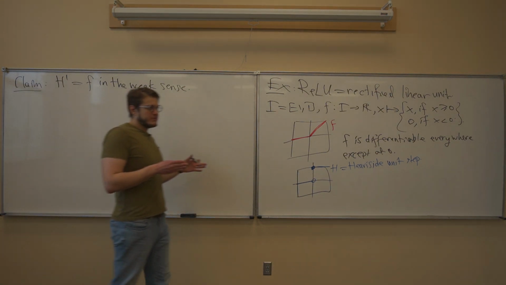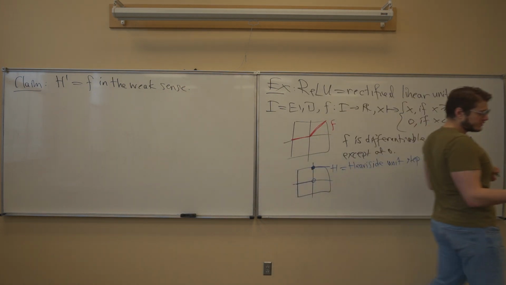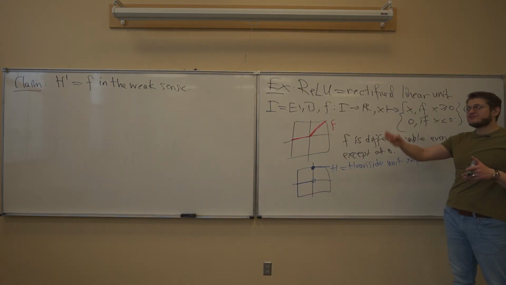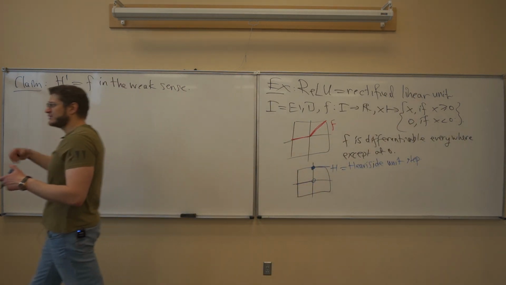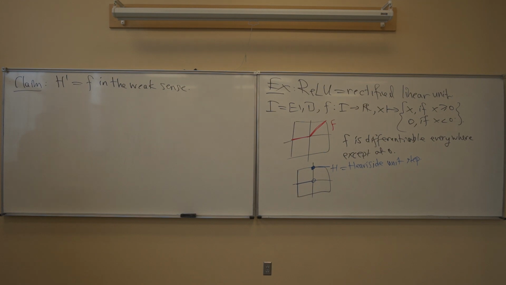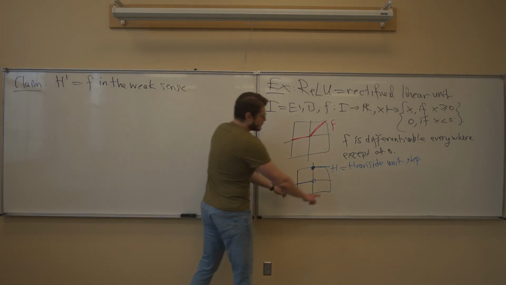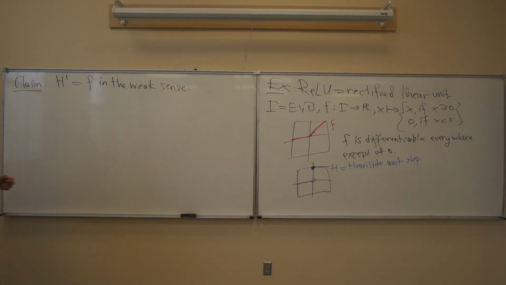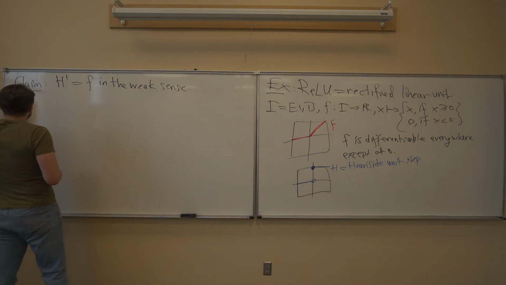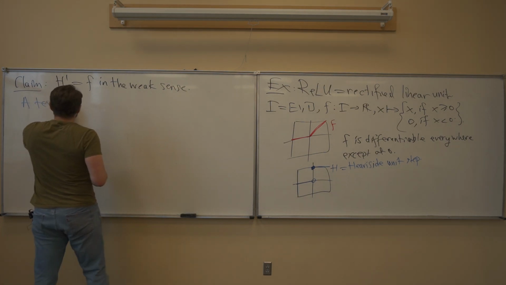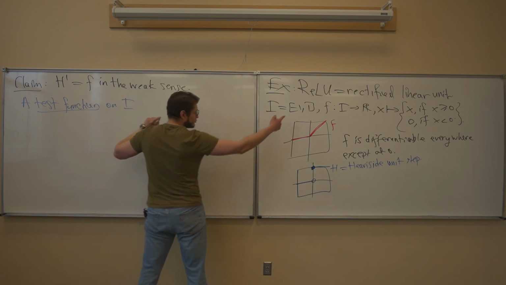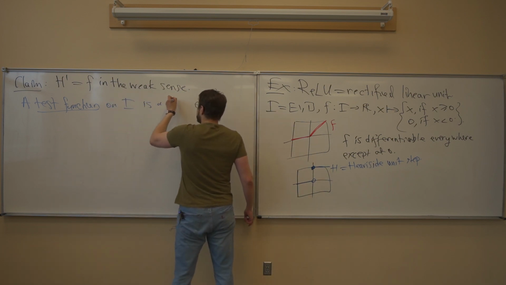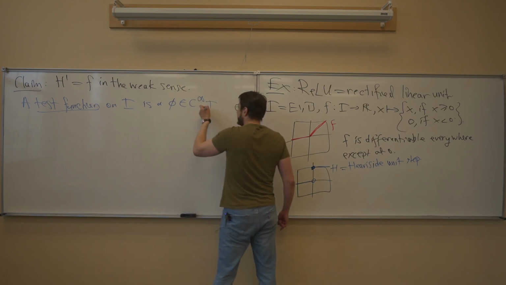I want my test functions to be infinitely differentiable to begin with, because otherwise I wouldn't be able to transfer the derivative, a legit derivative of h, to this other function, because I would like to be able to differentiate it multiple times. And furthermore, I want my test function to have 0 at the boundary. So that's a definition. A test function on I, this interval, is a phi, C infinity, infinitely differentiable.